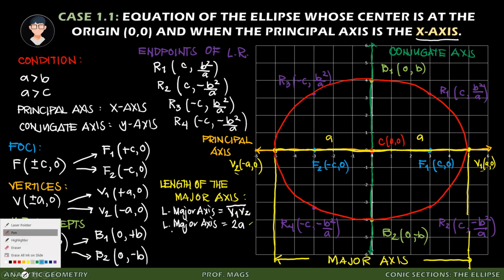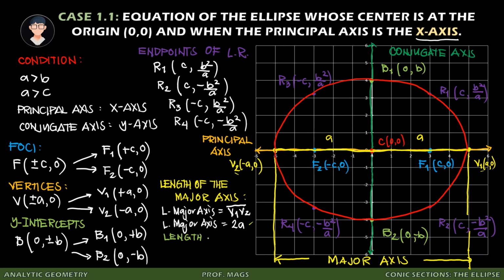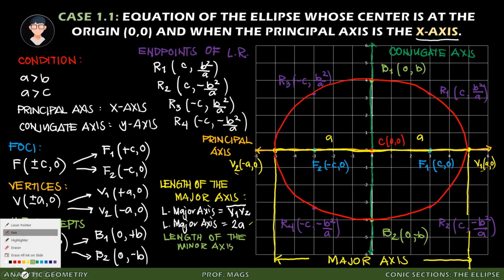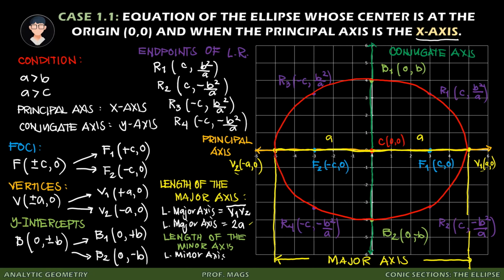What about the length of the minor axis? The length of the minor axis, L dot minor axis, that is equivalent to line segment B sub 1, B sub 2.